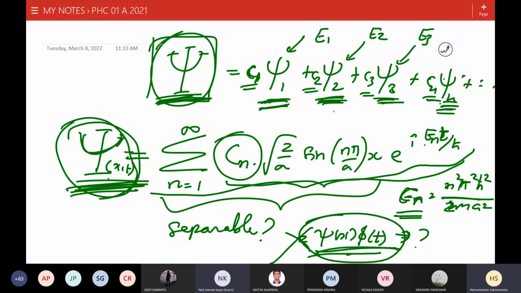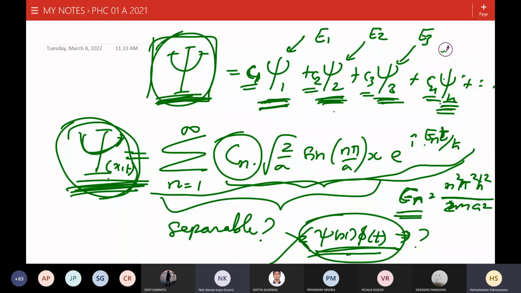You get a time independent H psi equals E psi equation, and then you have the time part, e power minus i E t over h bar. That part is separate, and you solve for the time independent part, multiply them together, add all those solutions, and you get the general solution.